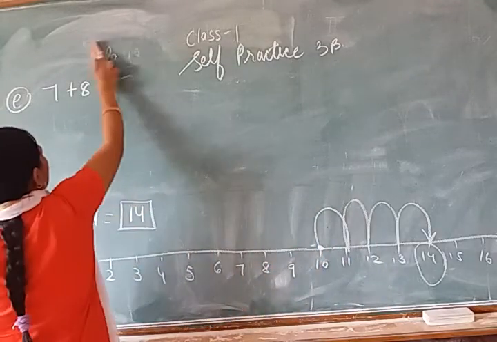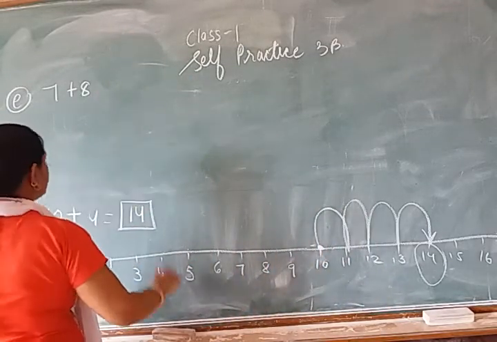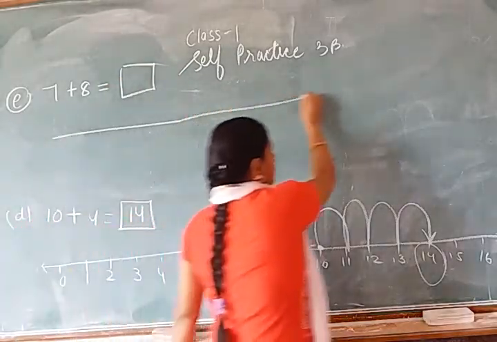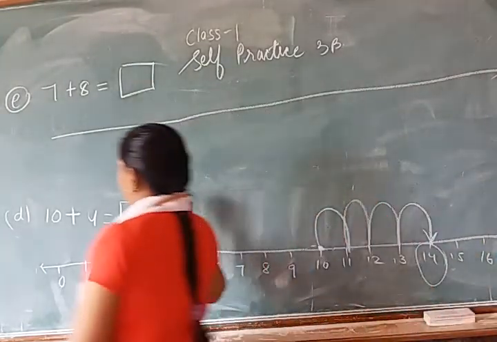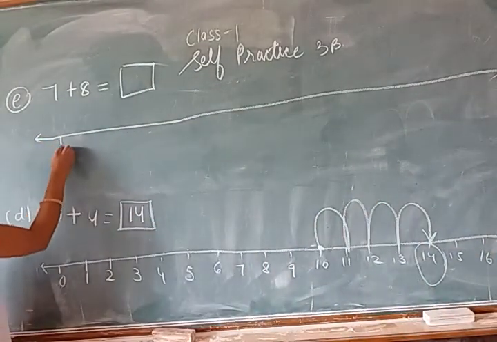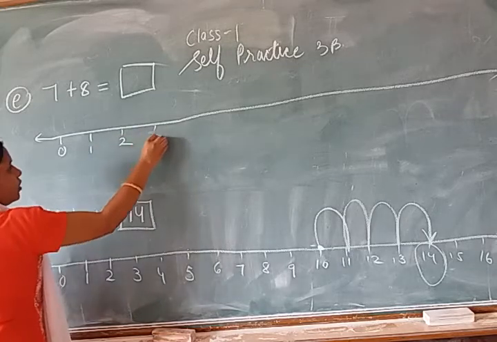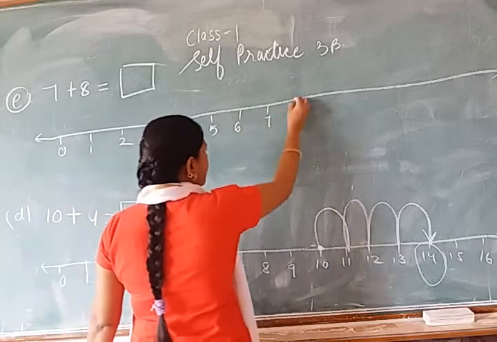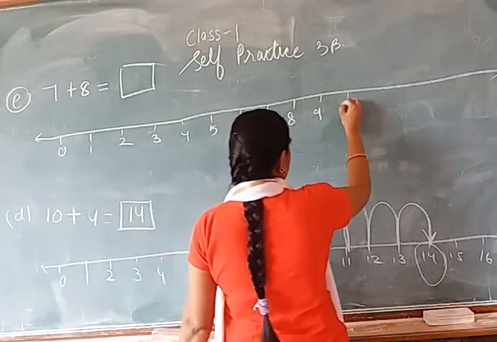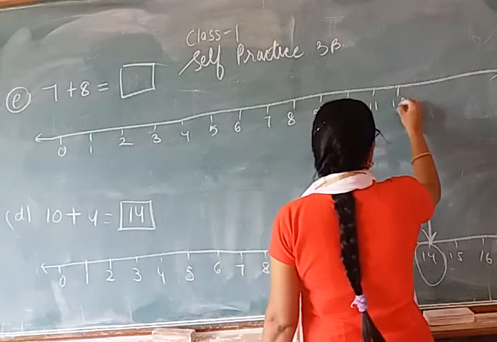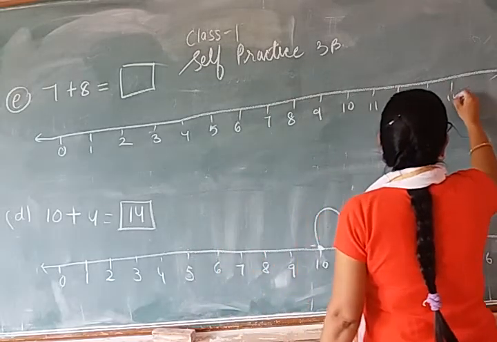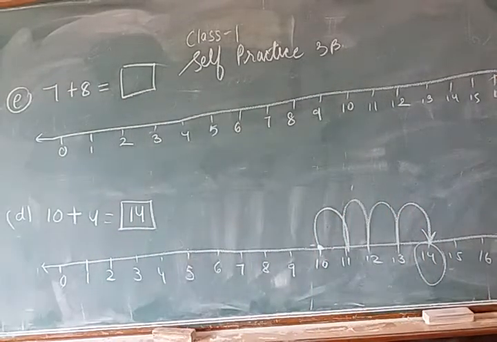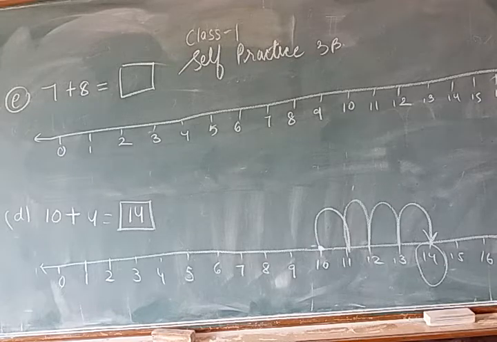So draw a number line starting from 0, 1, 2, 3, 4, 5, 6, 7, 8, 9, 10, 11, 12, 13, 14, 15, 16. I have drawn the number line and written numbers from 0 to 16.